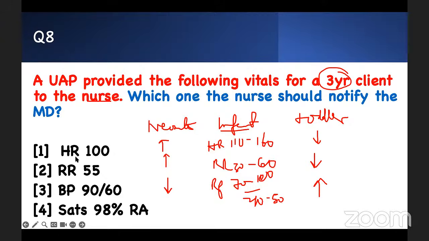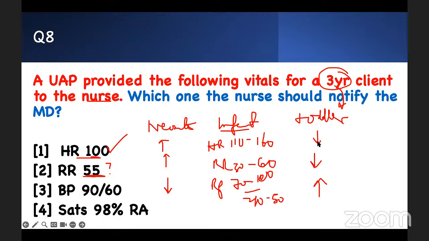Therefore, I look at it. Heart rate 100, and this guy is a toddler. If the infant is 110 to 160 and the toddler is 100, I think this is good. If the infant is 30 to 60, the toddler's should go down. This is 55. No, I'm worried. It's in the middle of that. Blood pressure 90 over 60.